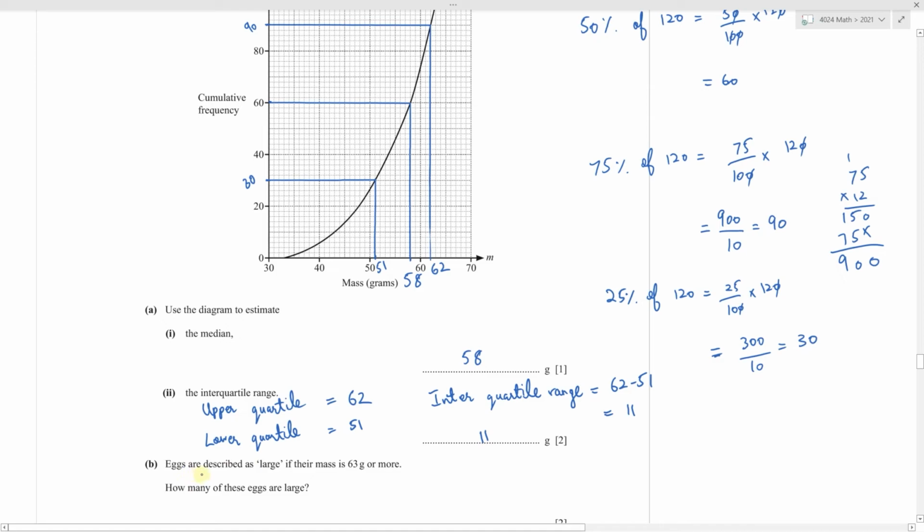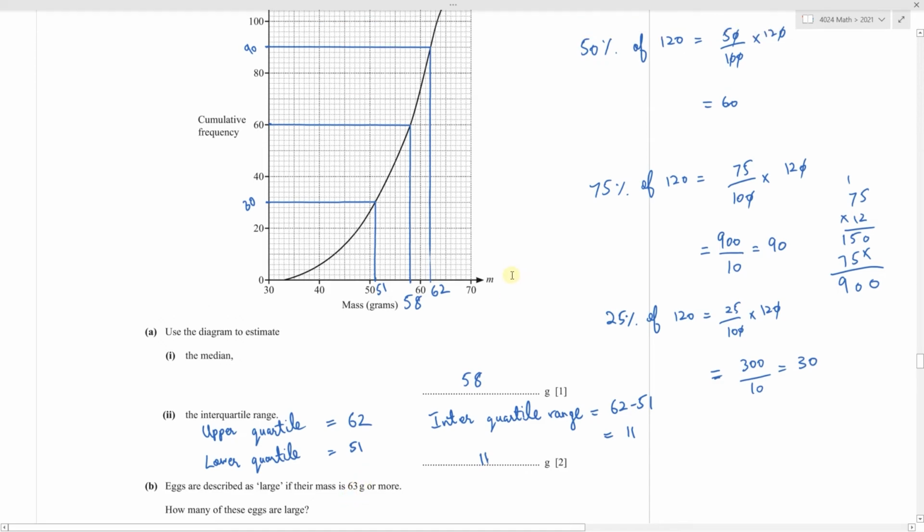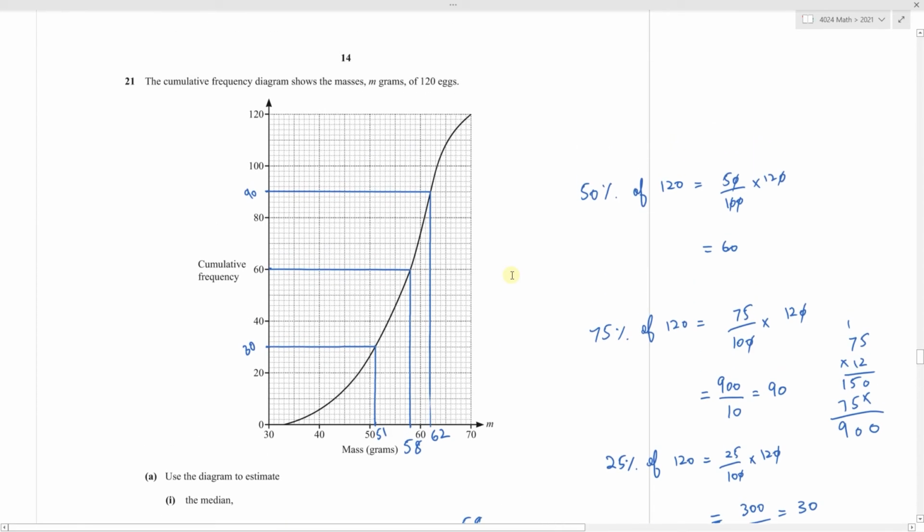Part B is eggs are described as large if their mass is 63 grams or more. How many of these eggs are large? So now you're looking for eggs that have a mass of 63 grams or more. So if I go back up here, 63 grams is this value here.